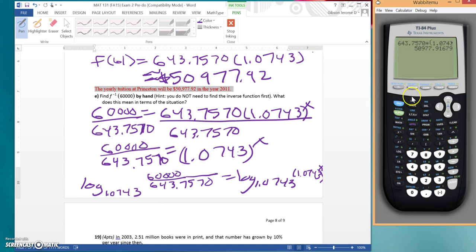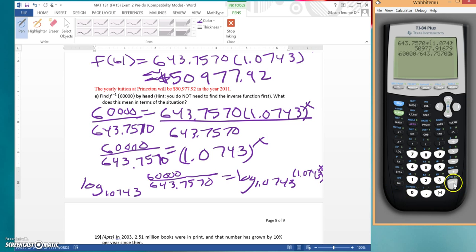Now, we can put this in our calculator. We'll press alpha, then window, the number 5, and then type in 1.0743 for the base, and then type in 60,000 divided by 643.7570.